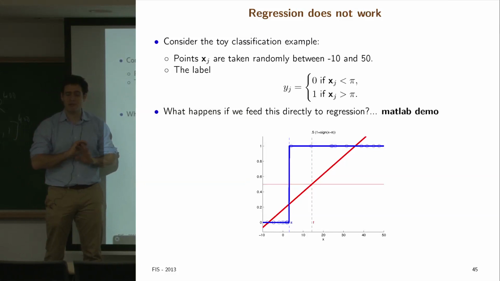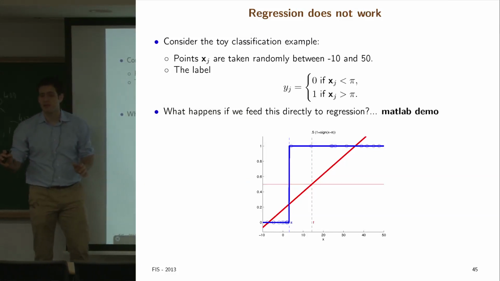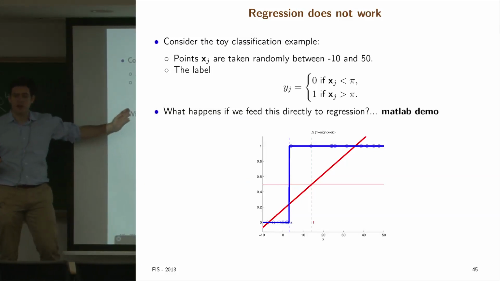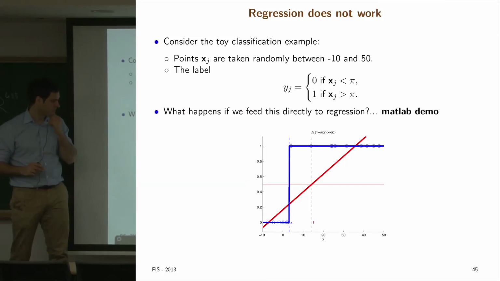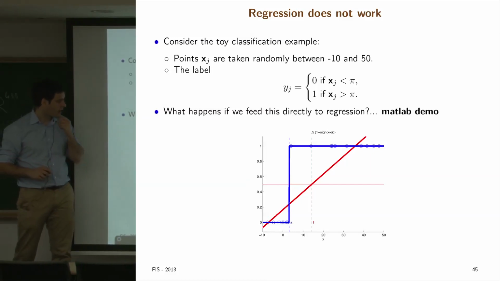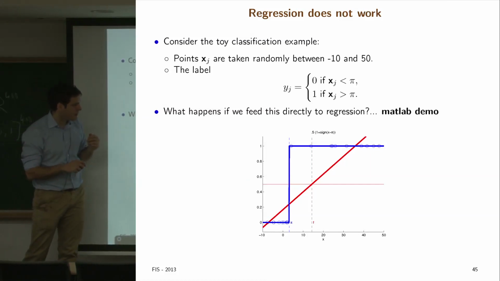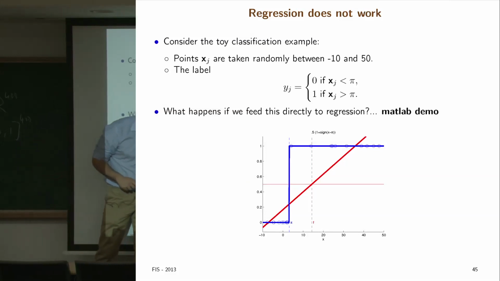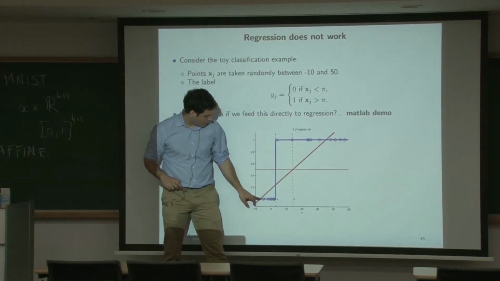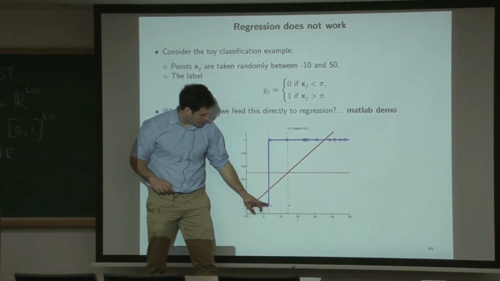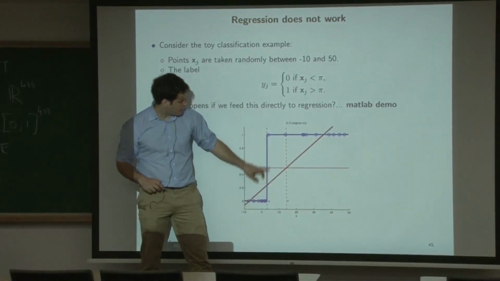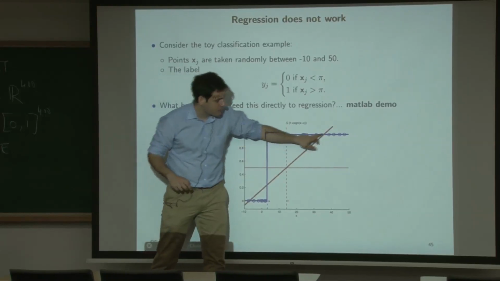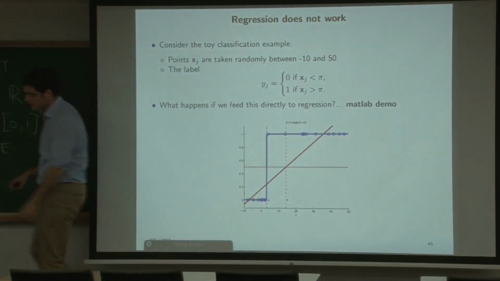So this is a completely artificial task, which I'm using just for illustration. This is the real classification if you want. As long as the point is below pi, it's 0. And when it's above pi, it becomes 1.